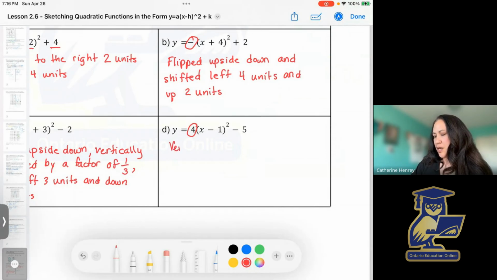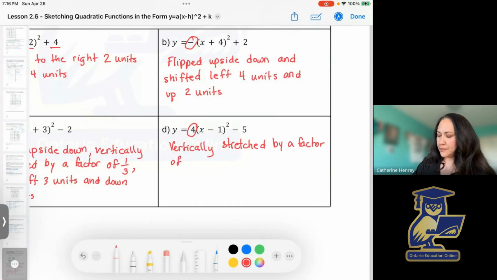It's going to get skinnier by a factor of 4, then shifted to the right 1 unit and down 5 units.